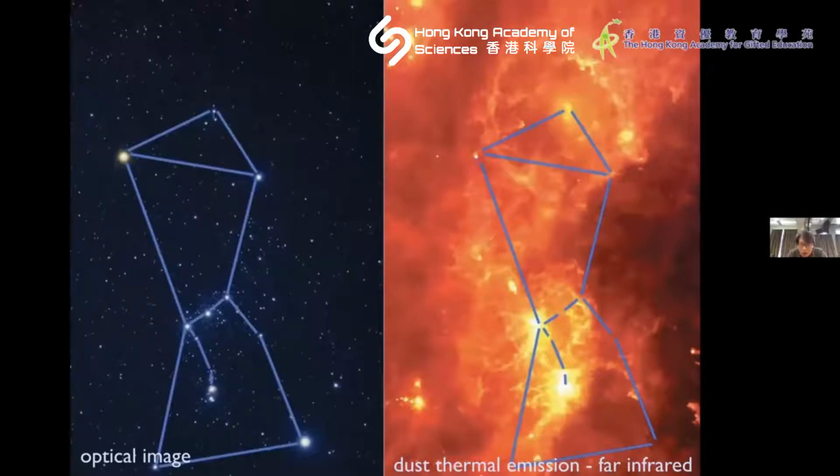If we zoom out from this spot, which is where we zoomed in, we see the entire Orion. This is again optical frequency, but we apply the same strategy. What would Orion look like in infrared, and more particularly in far infrared? And this is how Orion looks in far infrared.